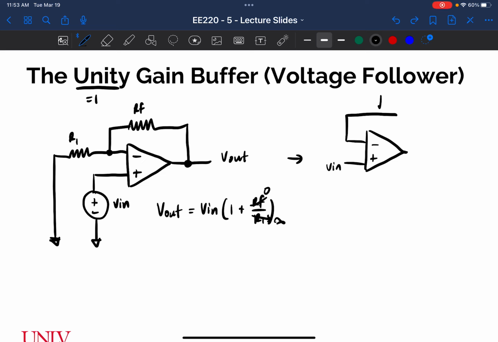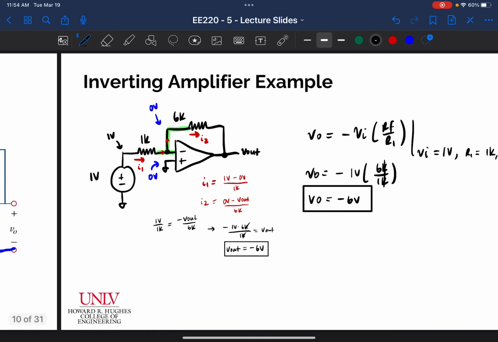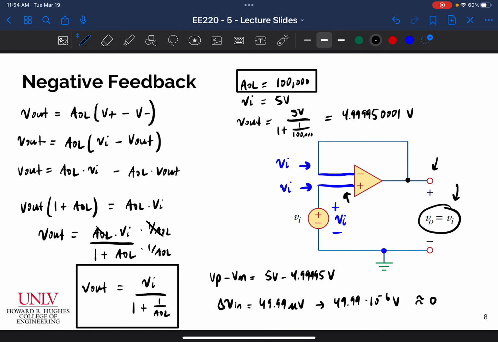And then instead of a resistor here, I just have a short because it's 0 ohms. I'm saying RF is 0, and so this is my circuit. And so what we end up with again is, of course, that circuit that we saw in the feedback slide, which is here. That's this exact same circuit.